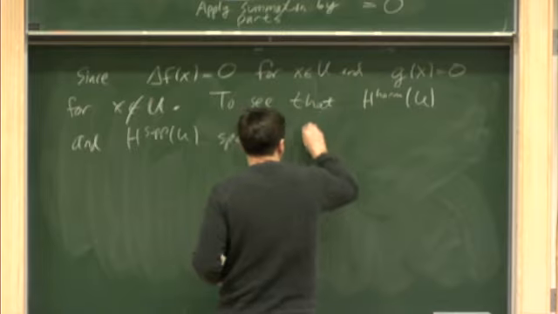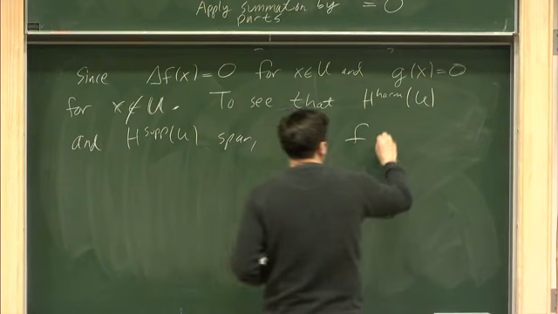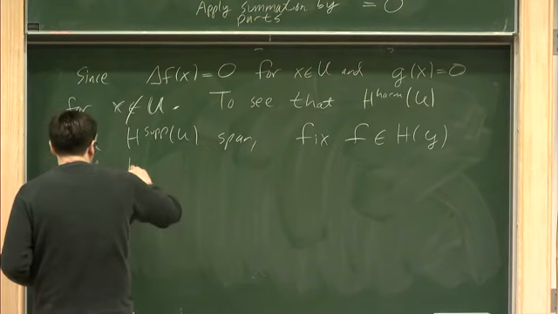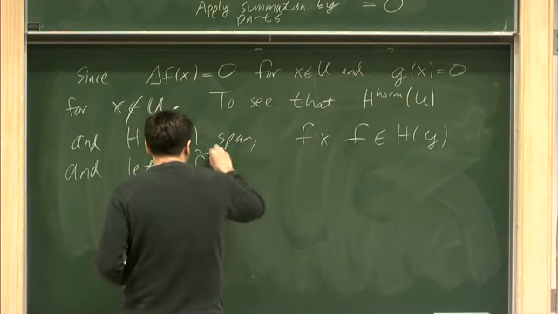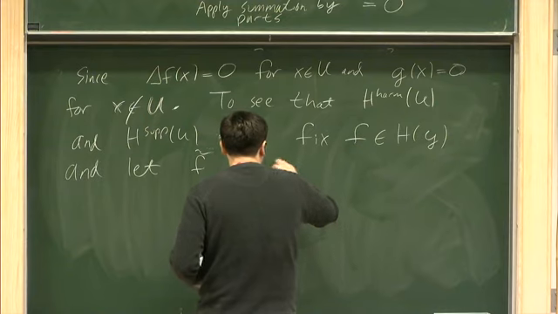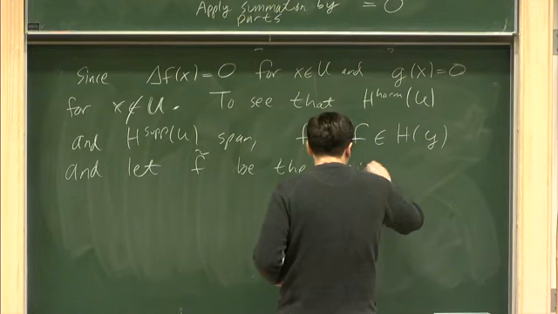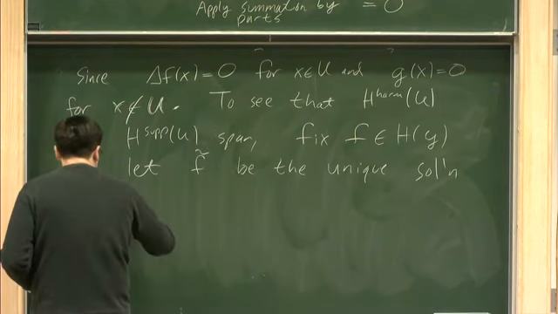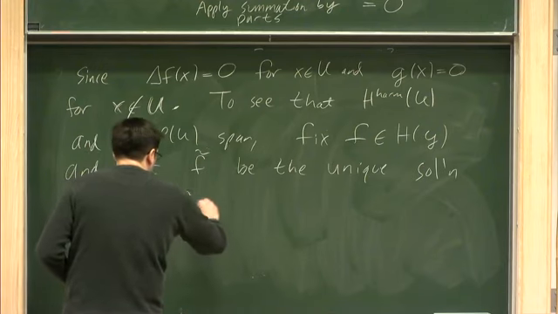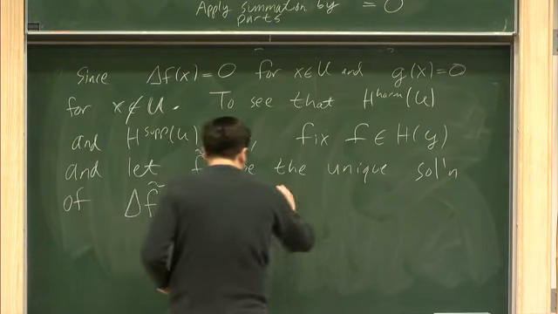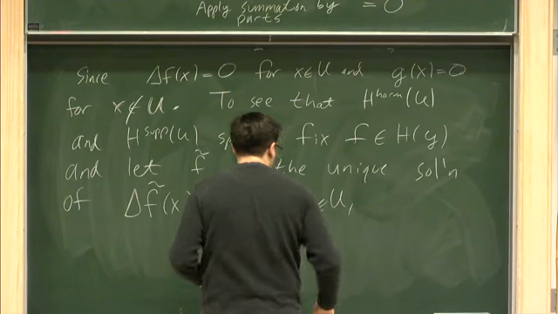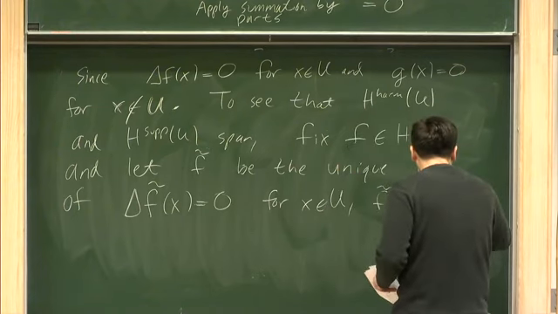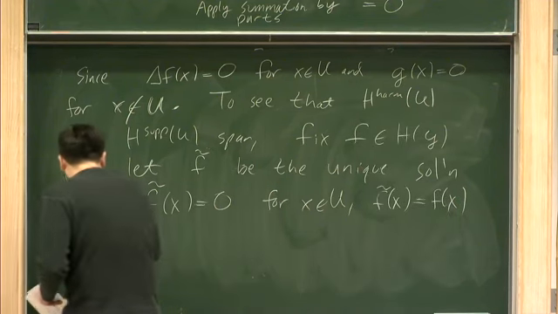We're just going to fix a function f in h of g, and then we're going to let f tilde be the unique solution of the equation given by the Laplacian of f tilde of x is equal to 0 for x in U, and f tilde of x is going to be equal to f of x for x not in U.